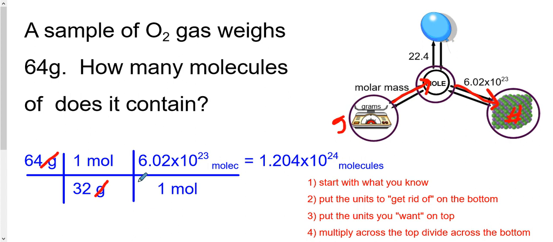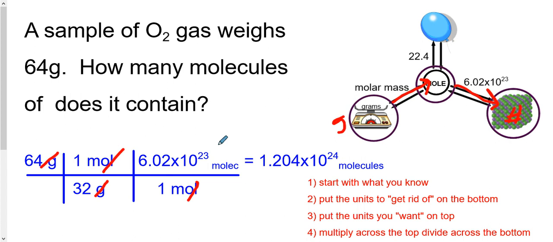Let's just cut this off again. I don't want moles in my final answer, so I'm going to write the word moles on the bottom. I'm trying to change it to molecules, so I'm writing the word molecules on the top of the line. Moles on the top will cancel moles on the bottom, and that'll give me an answer in molecules, which is what I want. 1 mole of any substance contains this many particles. It doesn't matter whether those particles are atoms or molecules or donuts. A mole is just a unit of how many.